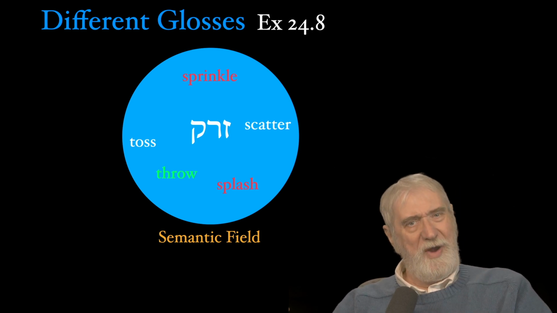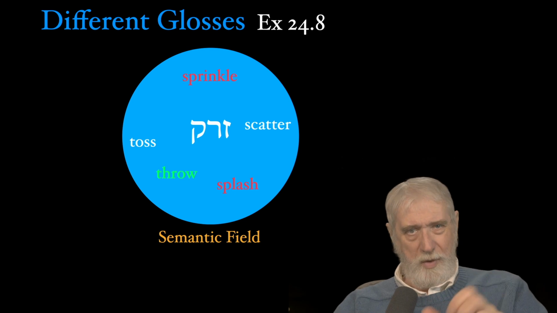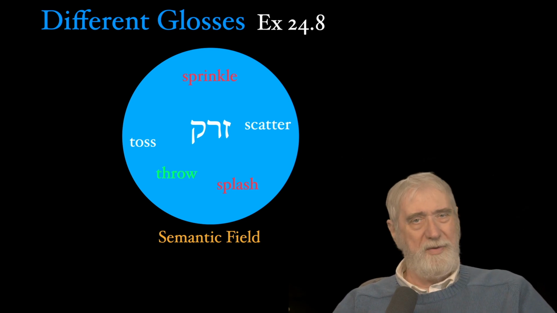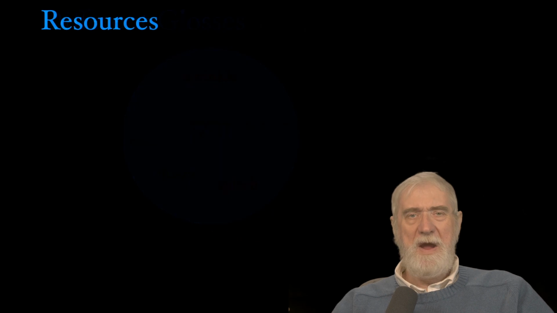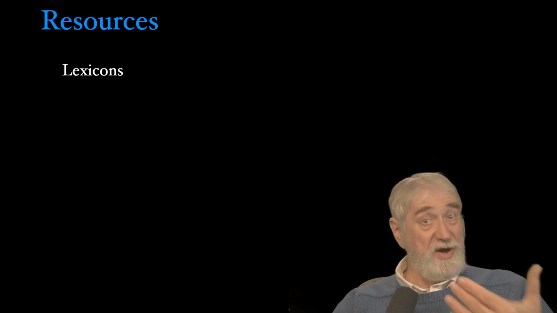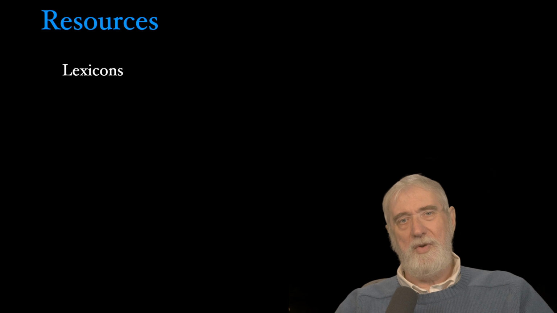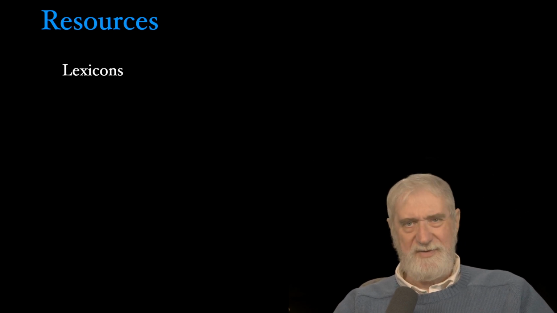So, how do you sort out whether the difference between the choice of words in an English translation is appropriate or not? Well, one thing you might do is to consult lexicons. A lexicon is a dictionary of the choices of words from biblical languages. We usually call those lexicons.